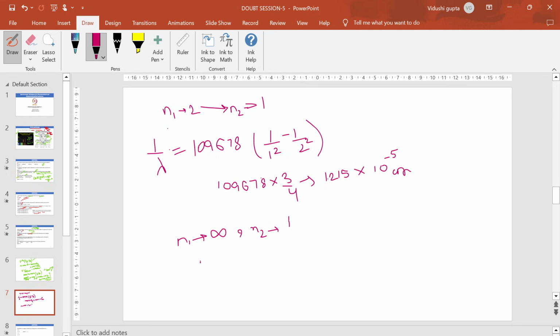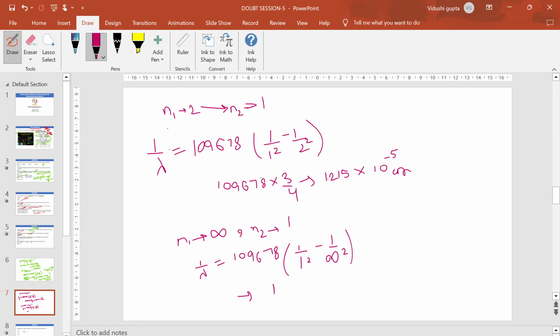So now substitute the value. 1 by wavelength will be equal to 109678 multiplied by 1 square minus 1 by infinity square. So what is infinity? 1 by infinity will be 0.